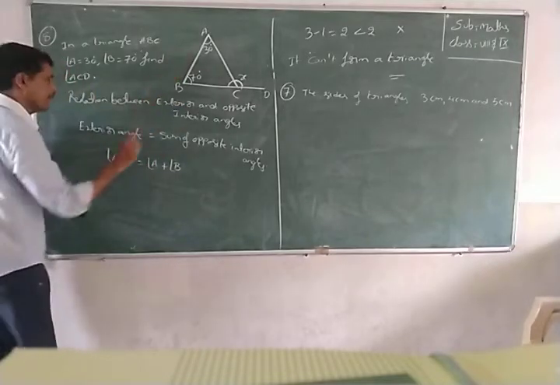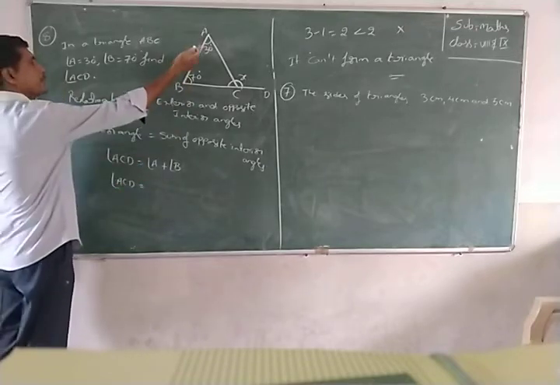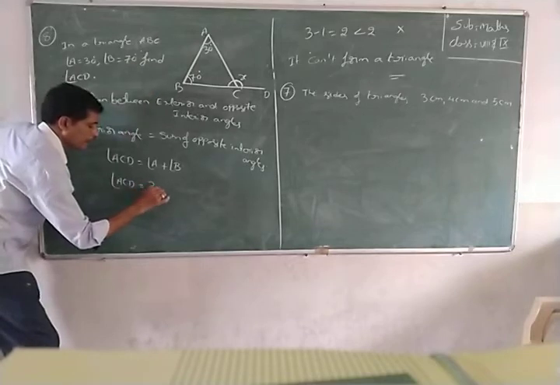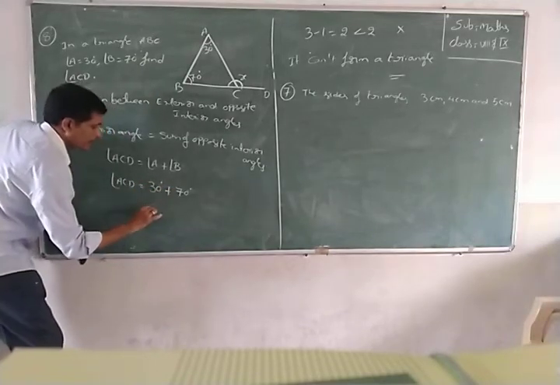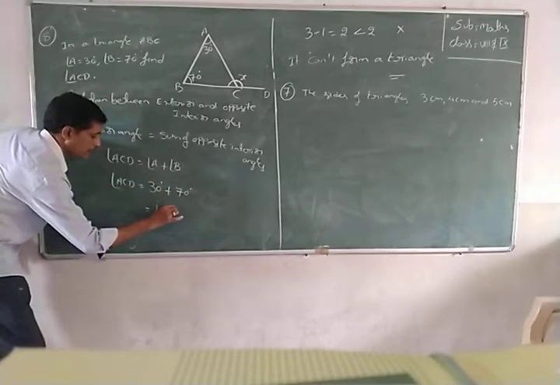Here angle ACD equal to angle A, which is how much? That is 30 degrees. Angle B equal to 70 degrees. Substitute these two values here: 30 degrees plus 70 degrees, that equals 100 degrees.